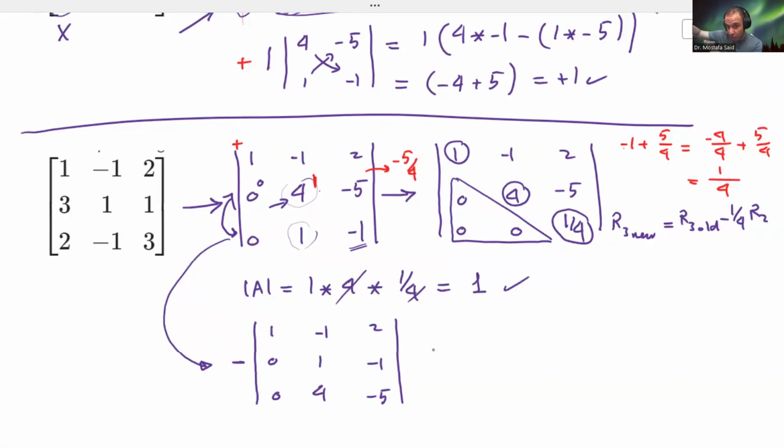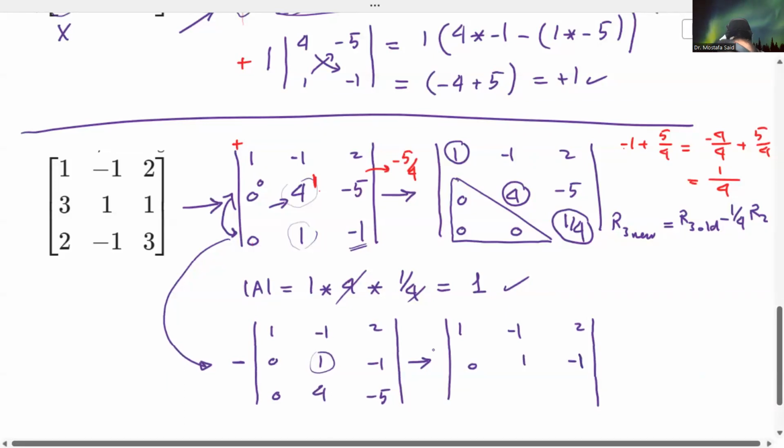So all your calculations will be multiplied by -1. Any switching of rows changes the sign. If we switch 2 times, they cancel out and it's positive. Here we switch 1 time, so it's gonna be minus. Okay, and then you continue. We're gonna multiply that row by 4 and subtract it from row 3.